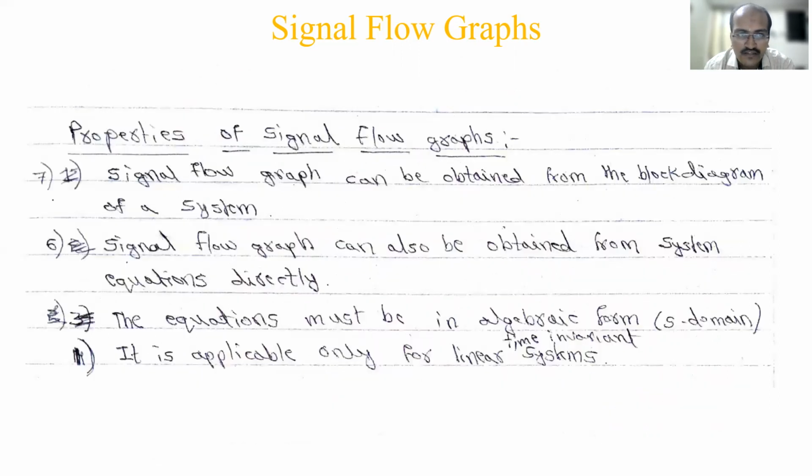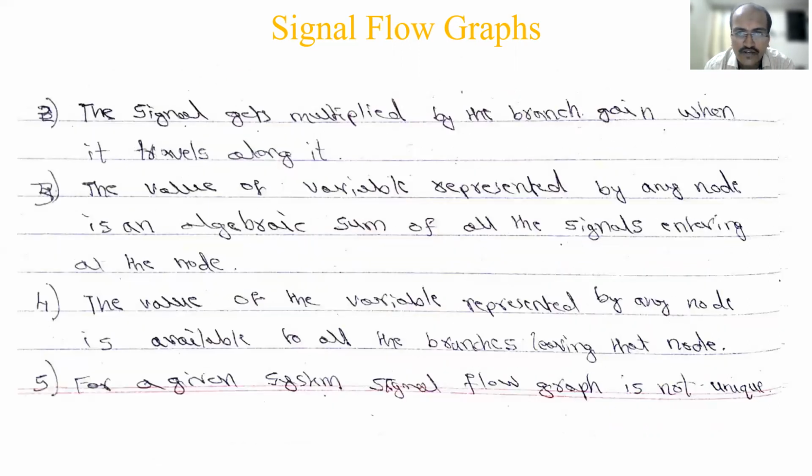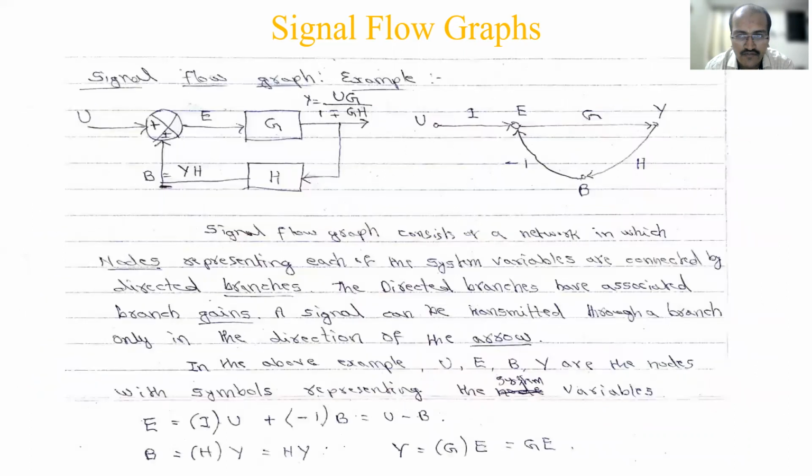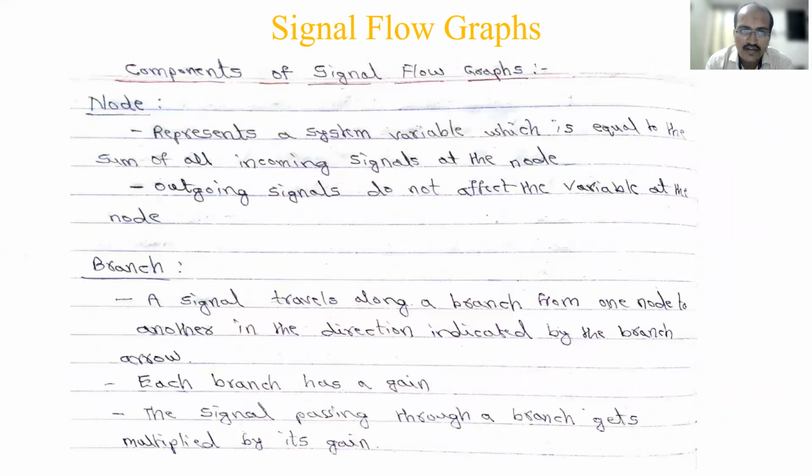Then we discussed the various properties of signal flow graphs. It is applicable only to linear time invariant systems, which is a very important property, along with others we have seen. Then we took a signal flow graph example: from a simple block diagram, how we can write a signal flow graph, and its components, node and branch.